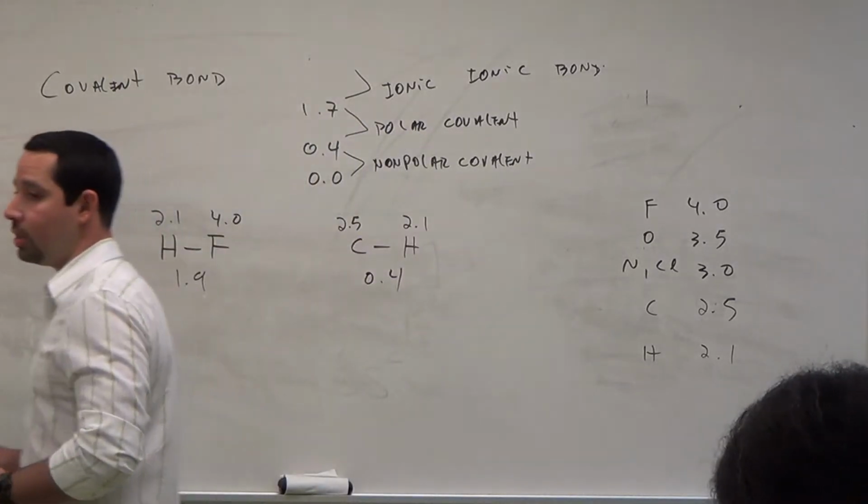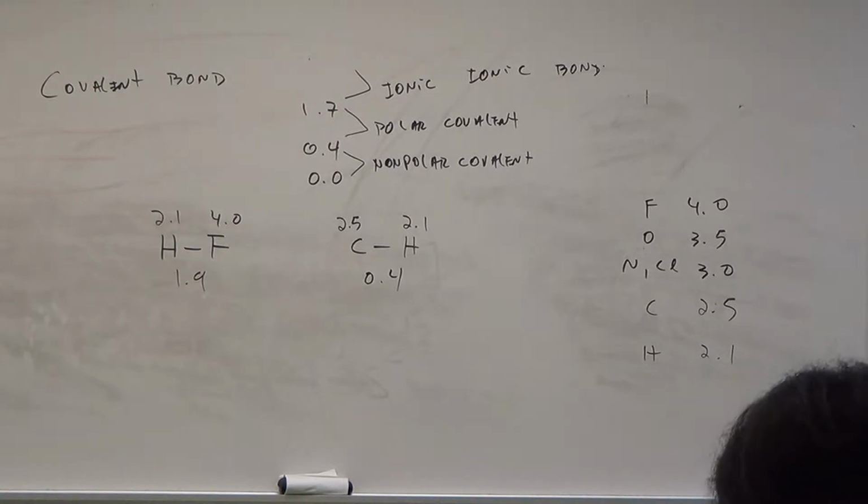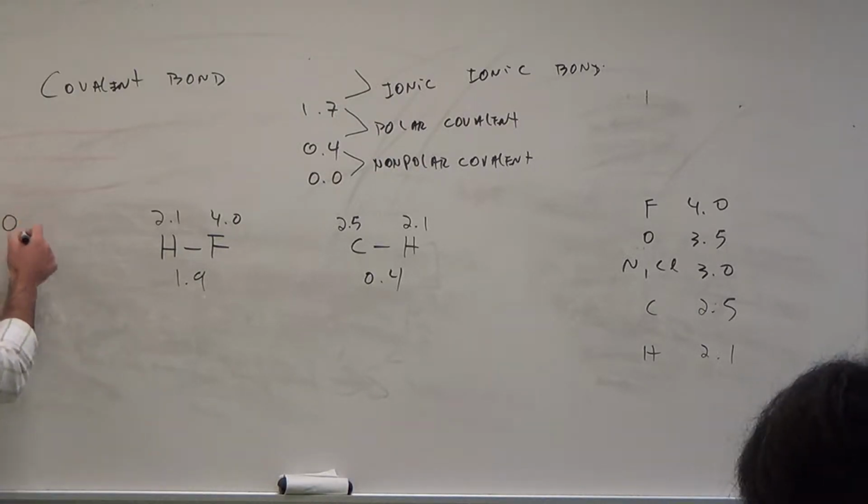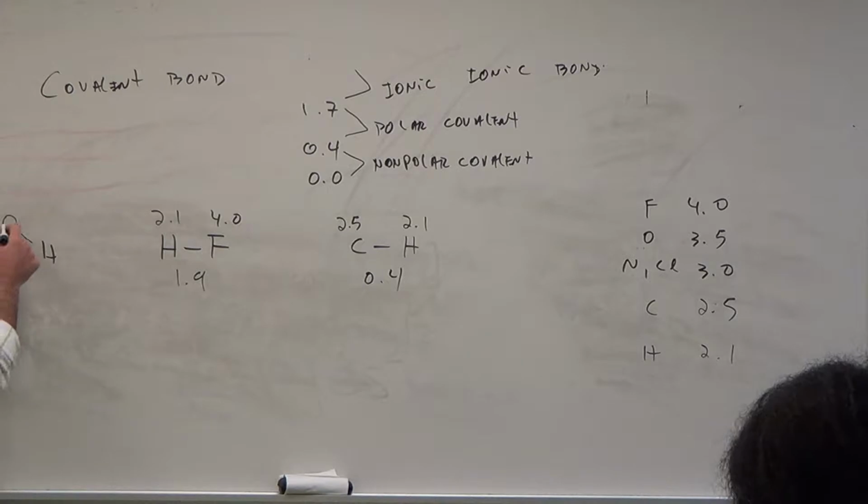So, when the bond is polar covalent, there is a possibility, depending on the molecular shape, that the bond has a dipole, okay? So, what is the difference in electronegativity between these two? 3.5, 2.1 is 1.4.